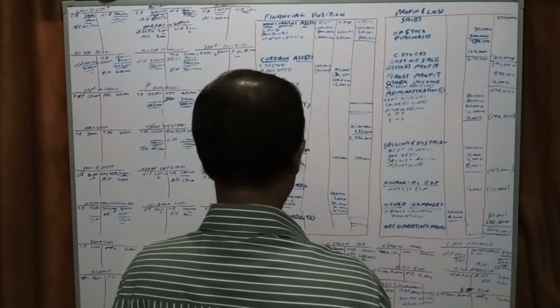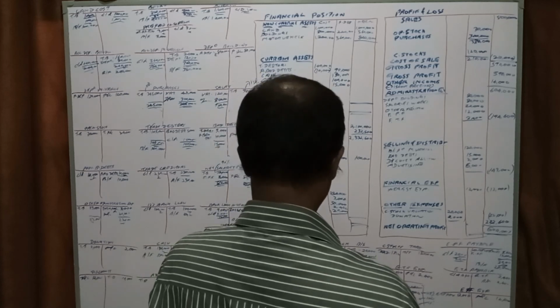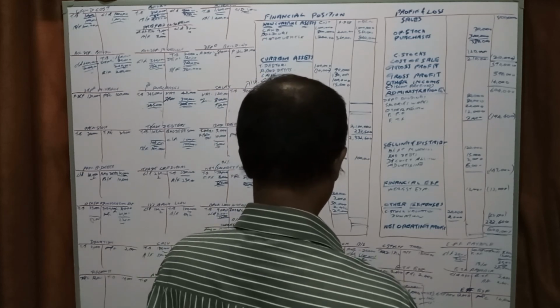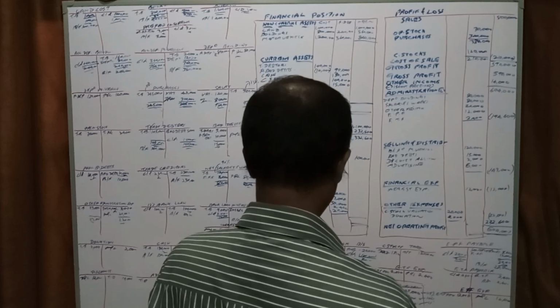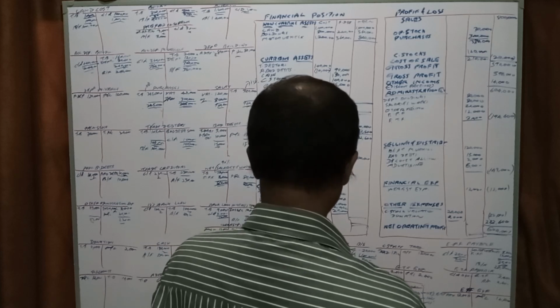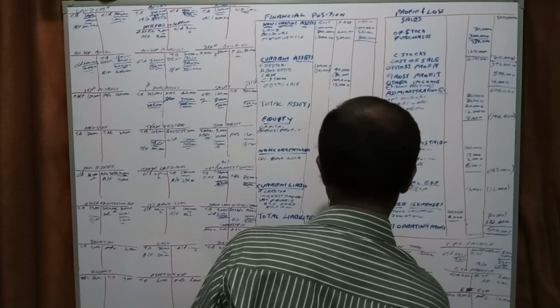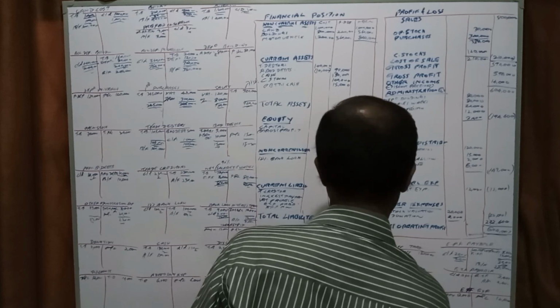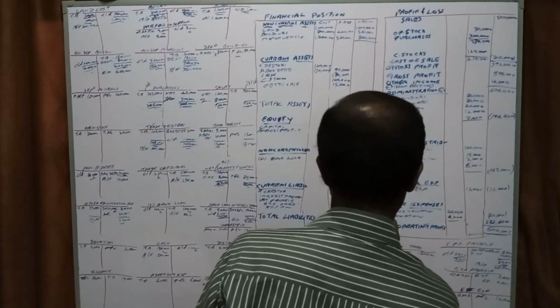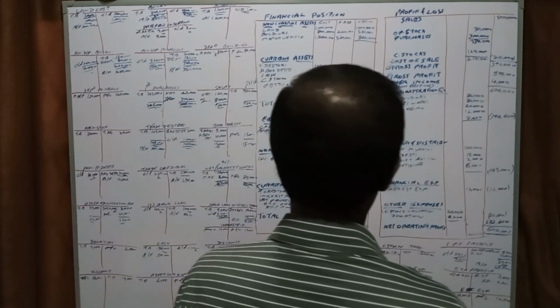Here if you say 230,000 plus 3,000 plus 50,000 plus 2,400 plus 20,000, then 305,400, right?